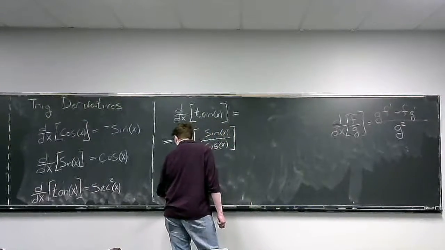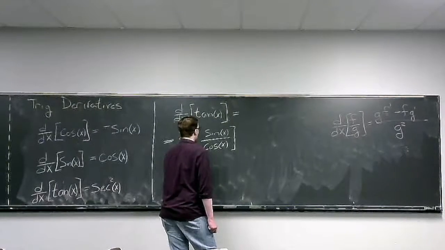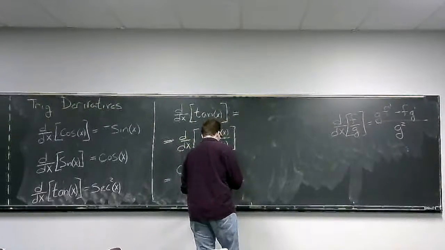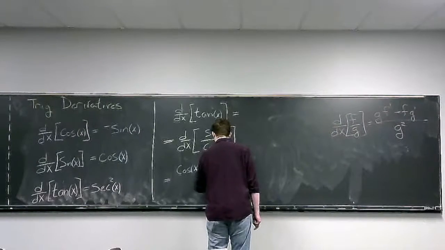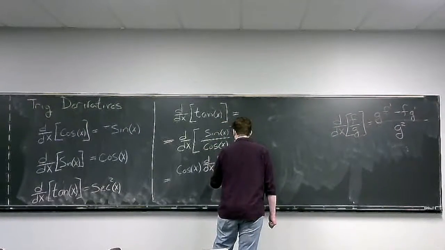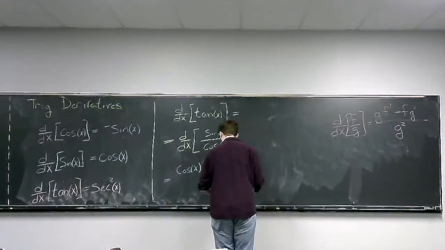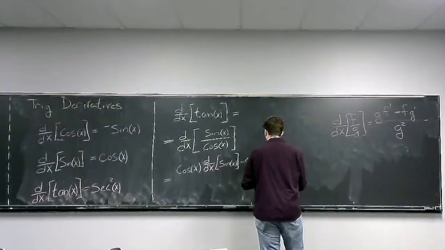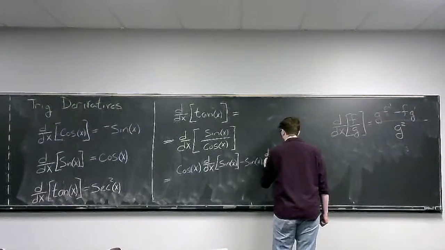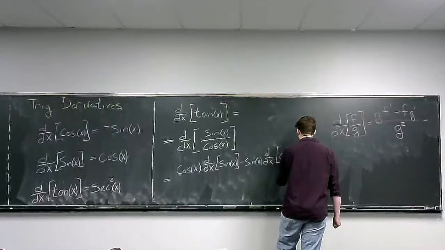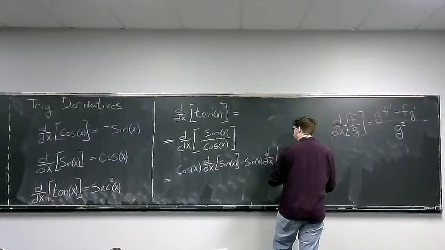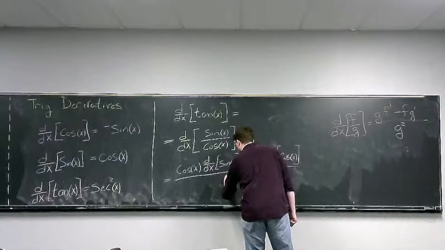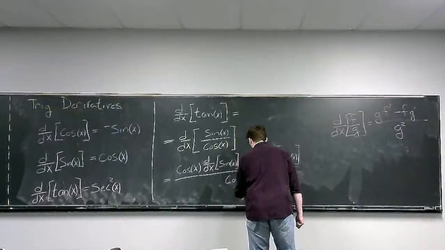So we could rewrite all of this as cosine of x times d dx of sine of x minus sine of x times d dx of cosine of x, all divided by cosine squared of x.